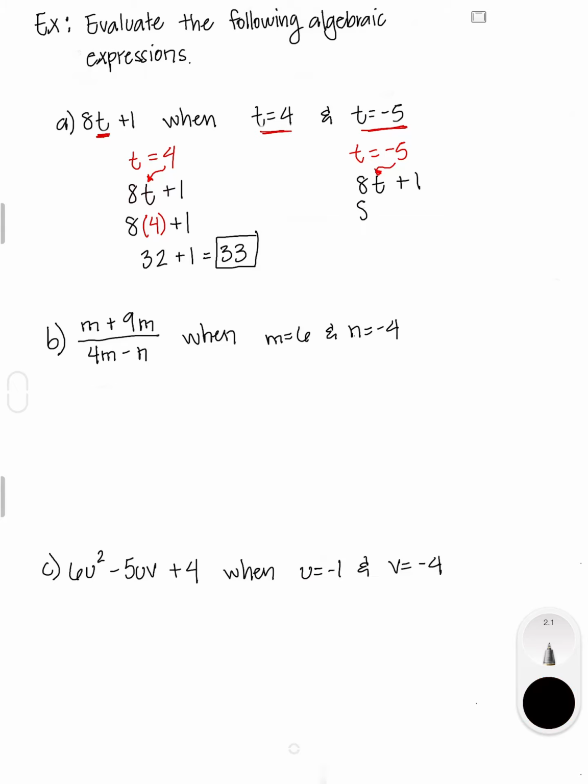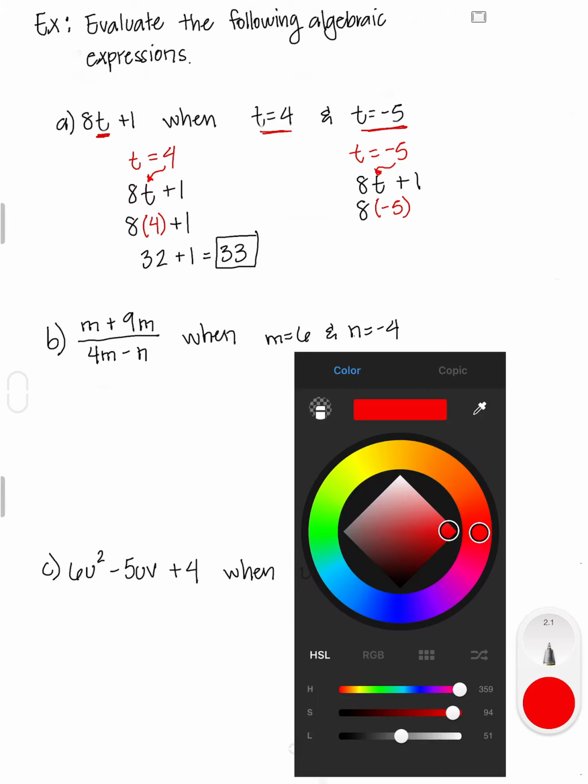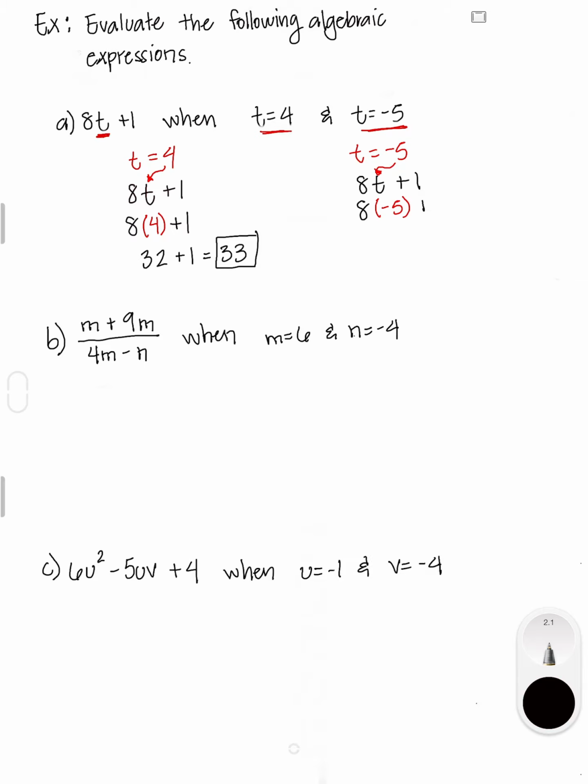So we will have 8 and then parentheses -5 and plus 1. We know that 8 times -5 is -40, and then plus 1 is going to give us -39. Since they have different signs, we find the difference, which is 39, and we have more negatives, so it's -39.